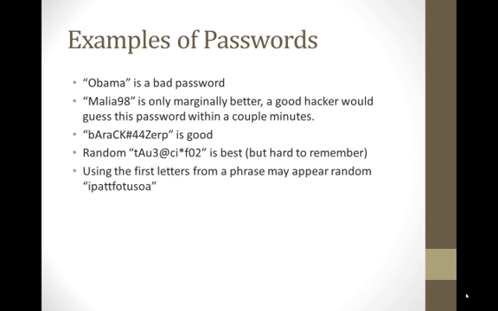Now, you're looking at these letters, and you're like, this is a bunch of randomness. I don't know what the heck that is. Well, that's what's good about that, is it does appear random, but it's memorable, okay? So, for example, you might take your favorite song and take, like, the first letter of the first line of the song, okay? So now you have a series of letters that you can put together.